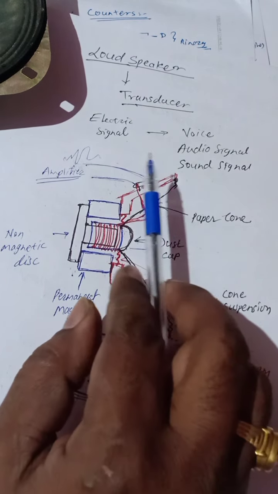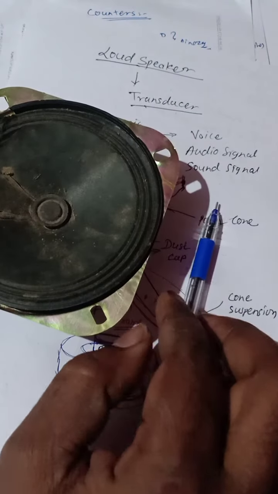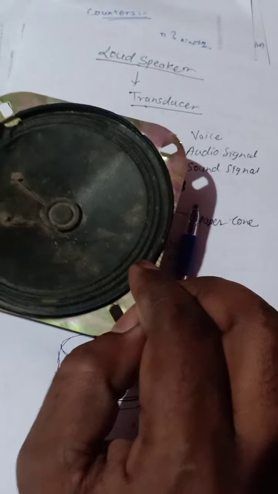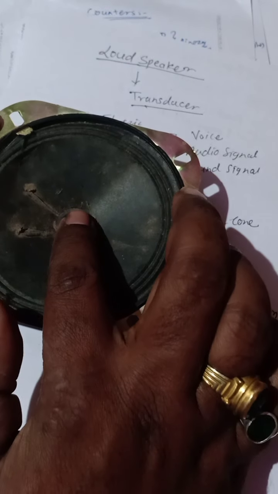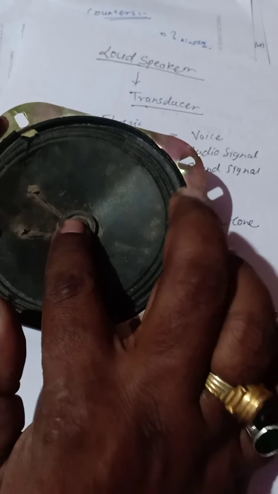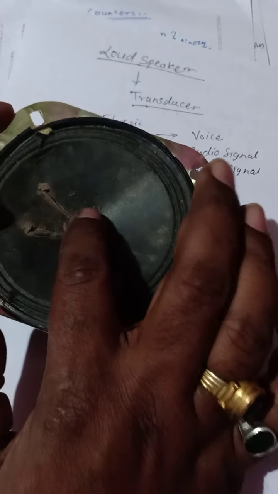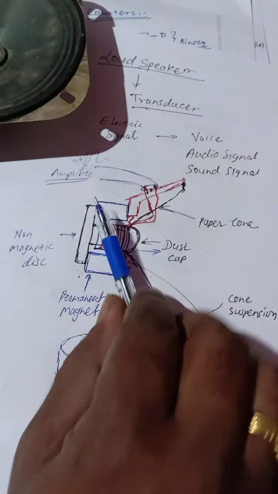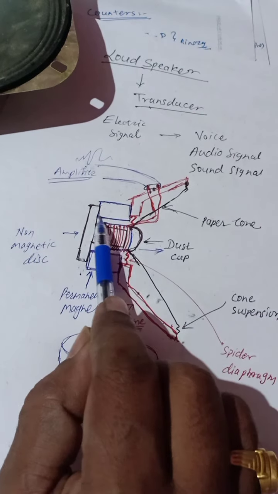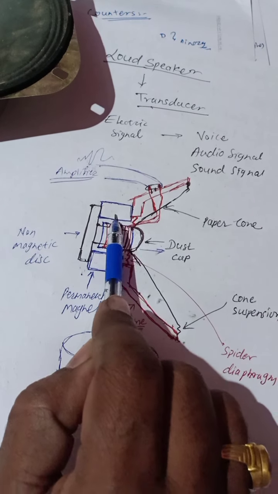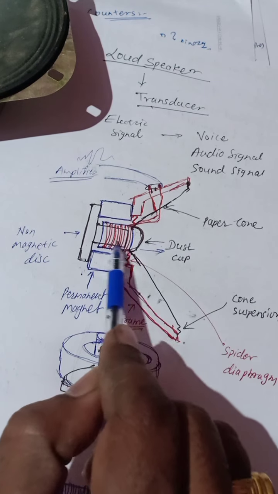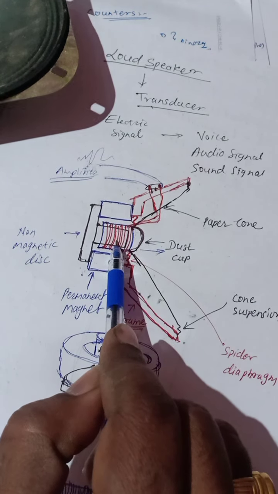Okay, if you observe when the sound is playing and the speaker is connected to this amplifier, it starts to vibrate like this, because of the interaction between the permanent magnetic field and the changing field produced by this coil.